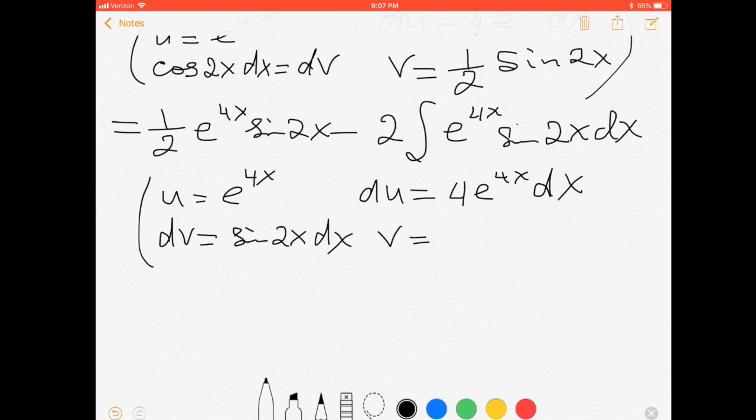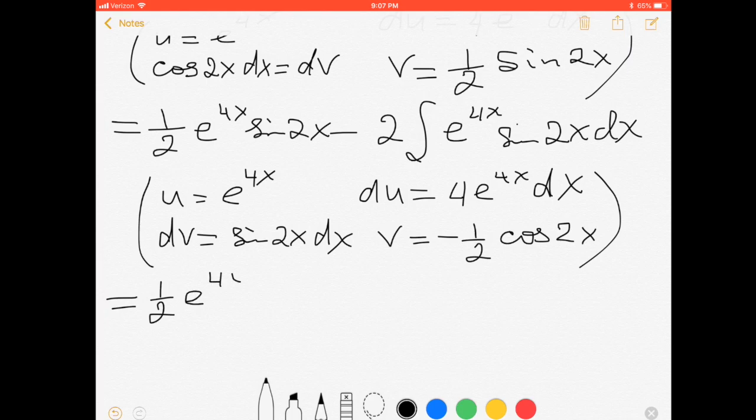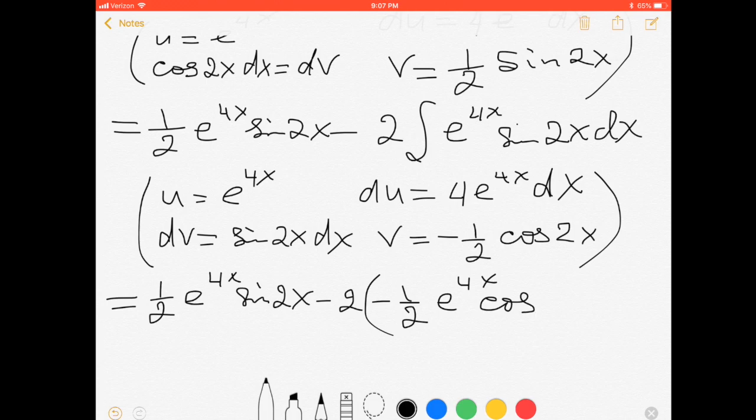The antiderivative for sine is negative cosine, but we have negative 1/2 cosine 2x. Now we're almost done. 1/2 e to the 4x sine 2x, then minus 2, and here are parentheses. uv gives me negative 1/2 e to the power 4x cosine 2x.